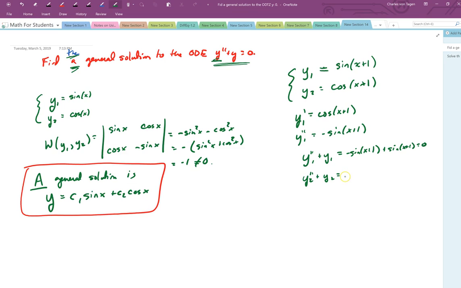Well, that would be equal to, let's see, derivative of cosine is minus sine, derivative of minus sine is minus cosine, so it would be minus cosine of x plus 1 plus cosine of x plus 1. So notice that both of these are solutions to the original ODE, and we could quickly check that their Wronskian is not identically 0.